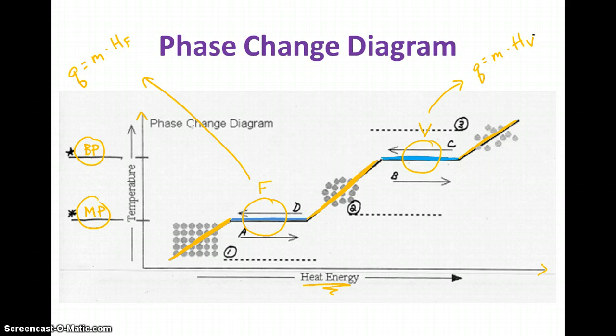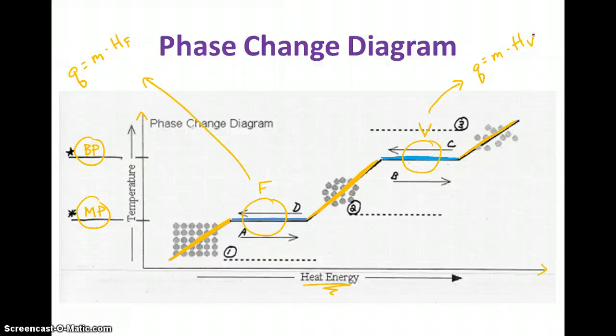All right? Remember, heat of vaporization, just like heat of fusion, is a given value on the physical energy constants data table.